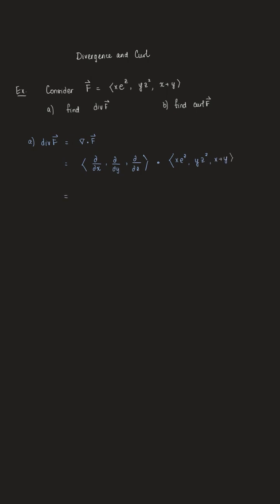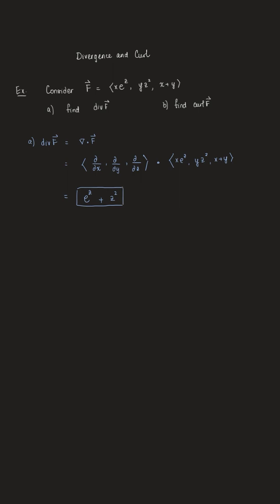So the partial of the first component with respect to x will just be e to the z. To that, we're going to add the partial of the second component with respect to y, which is z squared. And the partial of the third component with respect to z is 0.